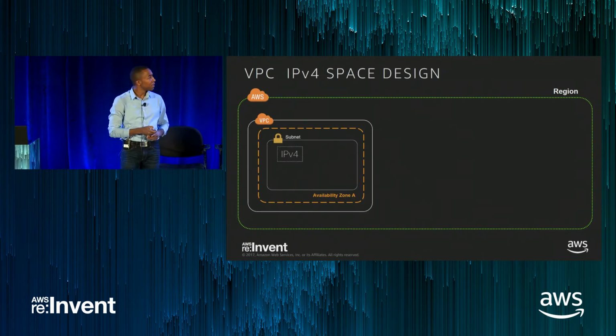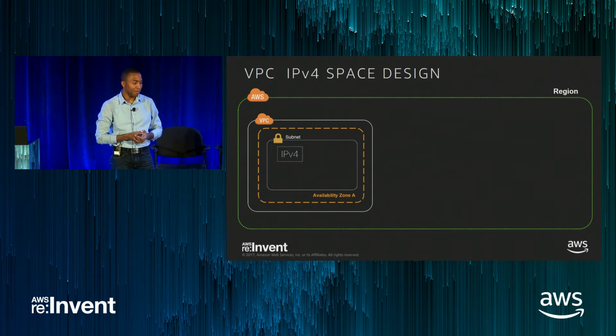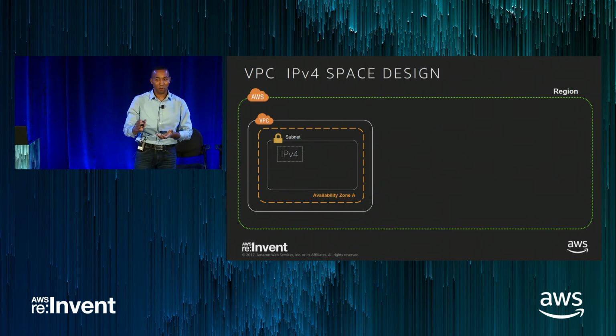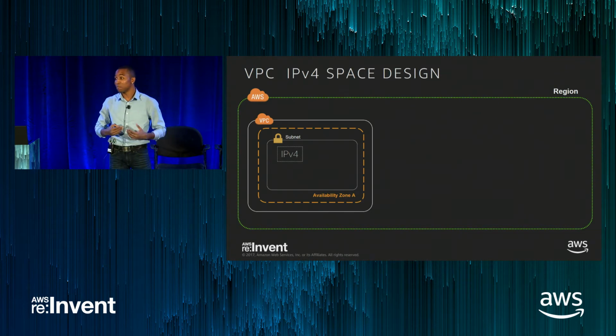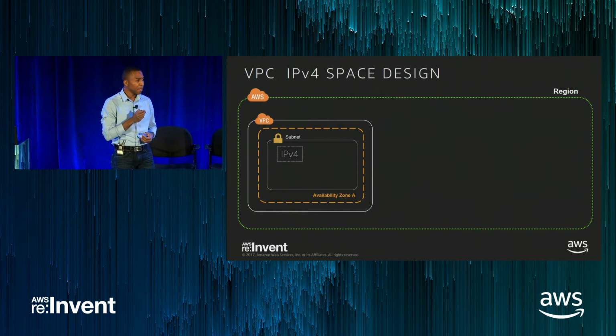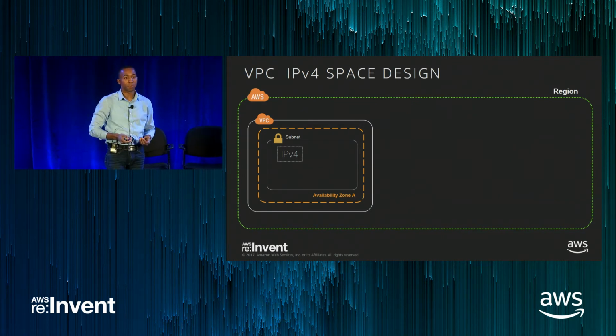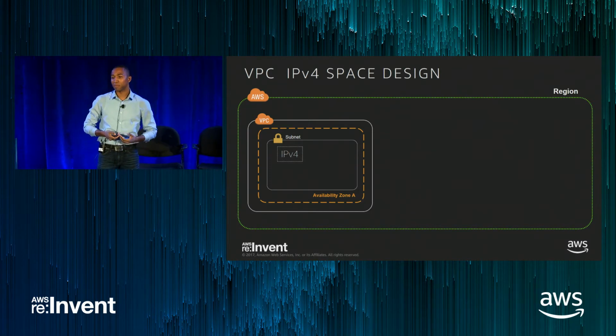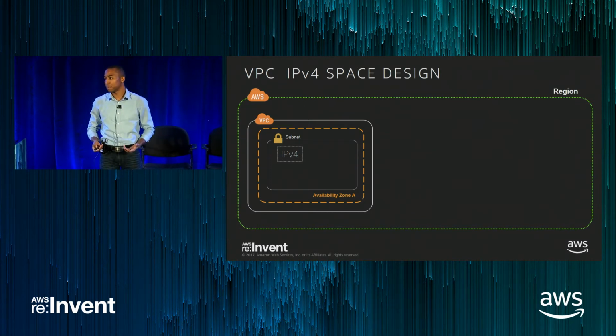So let's look a little bit at how you should actually design your IPv4 space. Before you implement anything, I personally recommend speaking with your network engineer if you're not a part of that team. The reason is, fundamental networking principle of overlapping IP address space and how you handle that still exists.